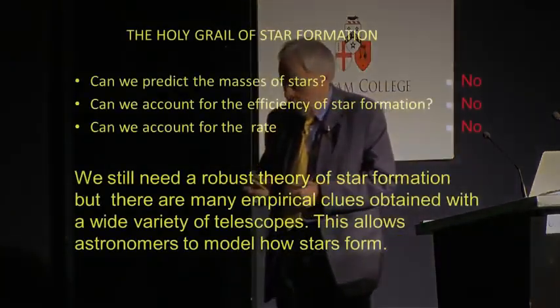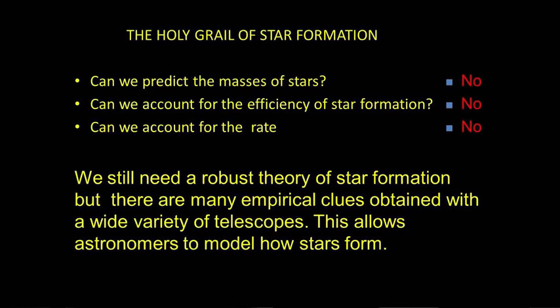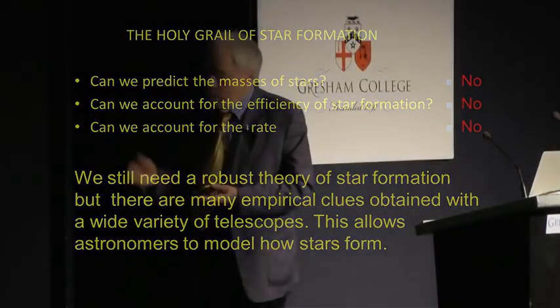So what do we do in the meantime? Okay, so in the meantime, we need this robust theory. And what we do is we use all the clues that we can obtain with a telescope. So we can look into regions, and now in the infrared we can probe deeply into the regions where stars are forming, and we can see these things, and so we can build together empirical models, right?